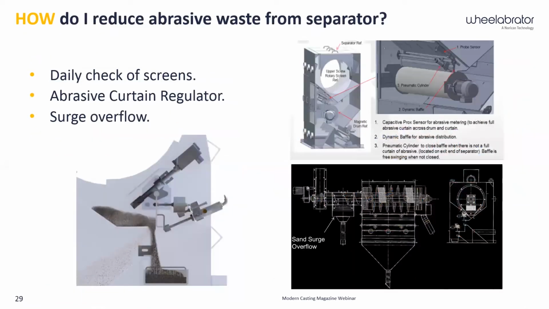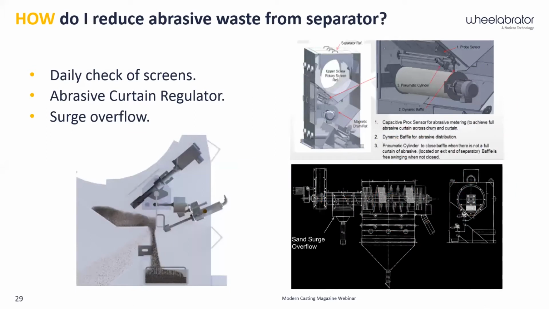So the magic question again, well, what can I do to reduce any of these? As we talked about earlier, from your preventive maintenance, you can do a daily check of the screens. Another potential way to reduce abrasive loss from the separator not having a full curtain is an abrasive curtain regulator. Most manufacturers have something like this.